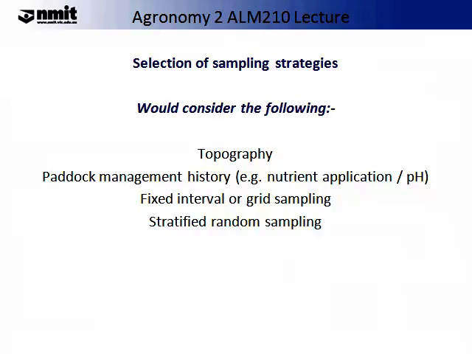Please take some time to think about how you might sample both the plants and the soil in the Yang Ying teaching and research demonstrator experiment that you helped set up in the first week in this subject. Would you use a random sampling technique, or would you use a fixed interval or grid sampling technique?